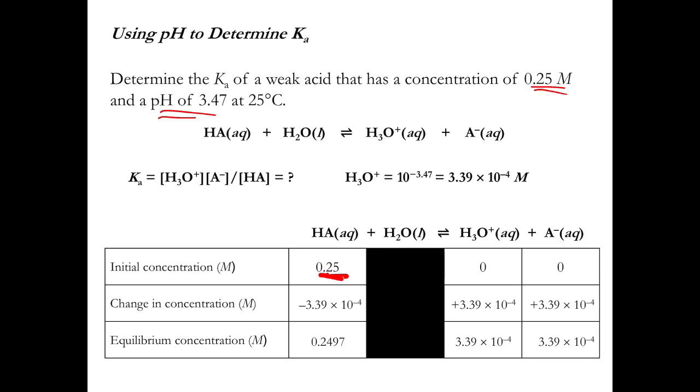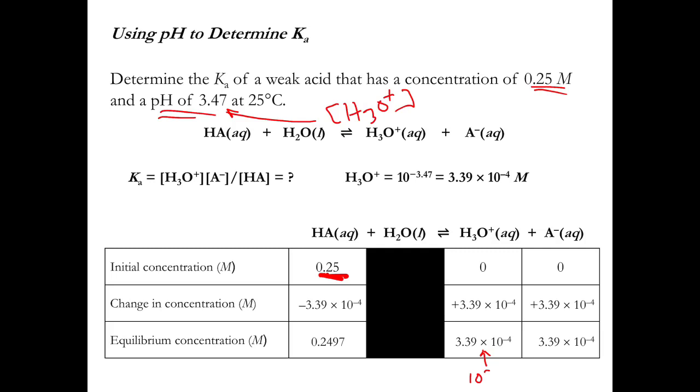We also know the pH, which means if we know the pH, we also know or can find the H3O plus concentration at equilibrium. So our H3O plus concentration at equilibrium is 10 to the minus of that pH.